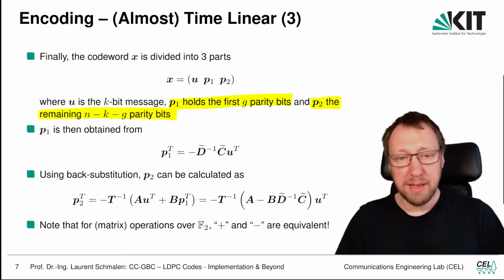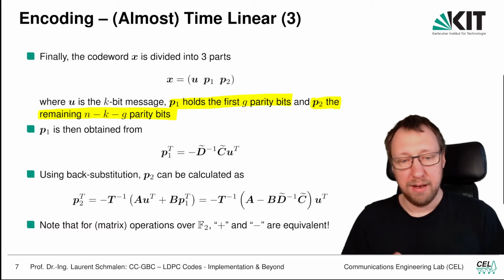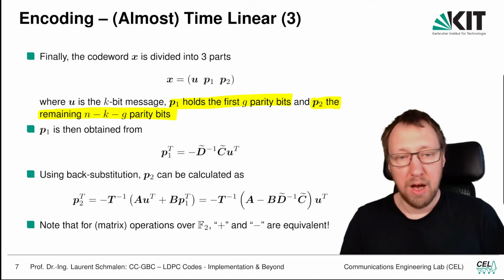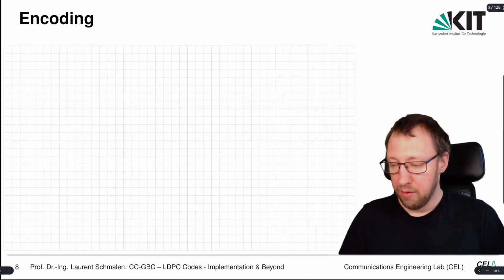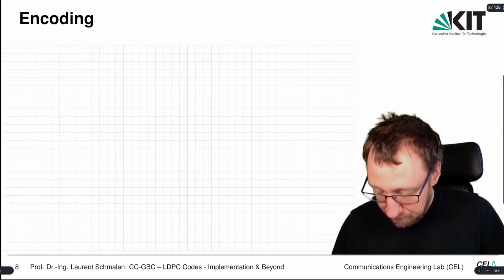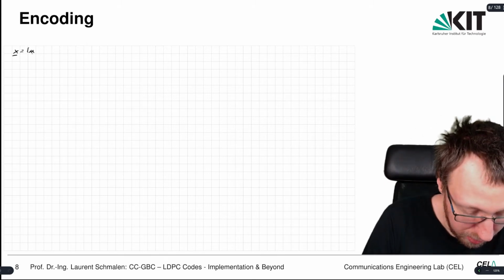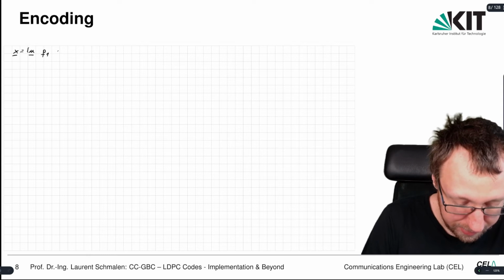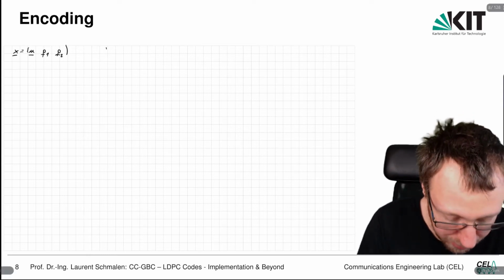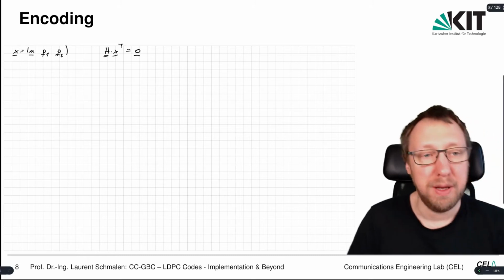So that means we can now obtain P1 and P2 from H tilde. How can we do this? So what we can do is the following. We can say that X is equal to U, P1 and P2. And what we know is that H times X transposed must be equal to 0.